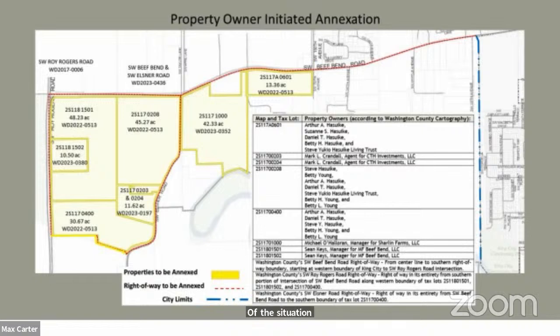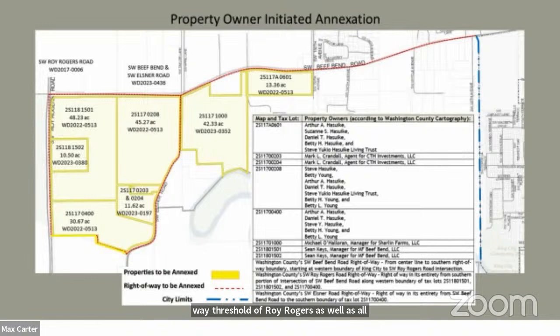Next one was Mr. Olson's question: if annexation occurs, does the city assume responsibility for services? Yes, in part. In regards to the annexations of Beef Bend and Roy Rogers, the city limits would be to the center line of Beef Bend and to the western right-of-way threshold of Roy Rogers, as well as all of Elsner.